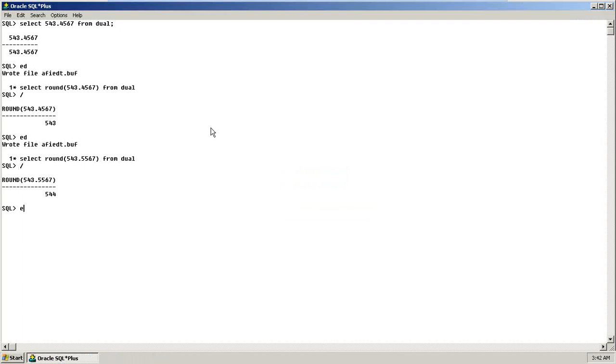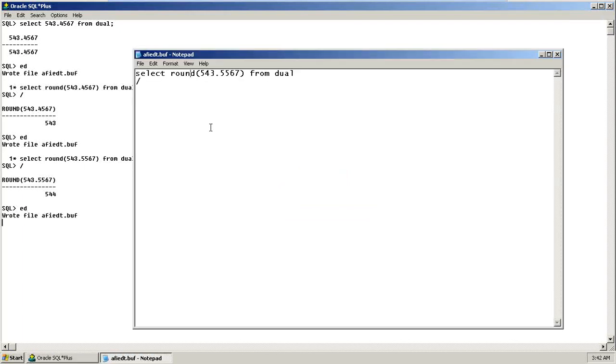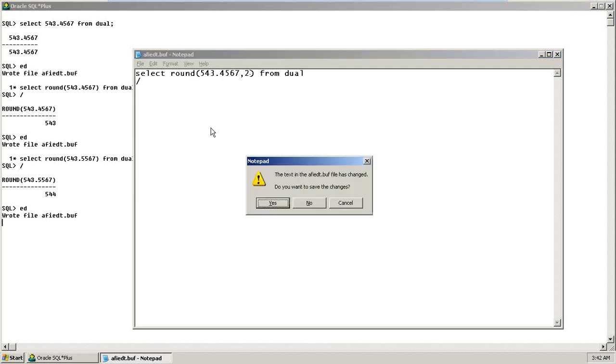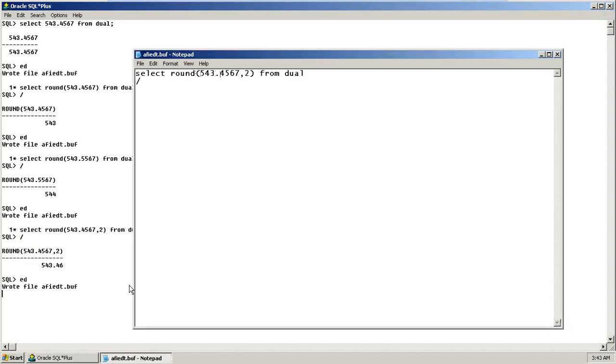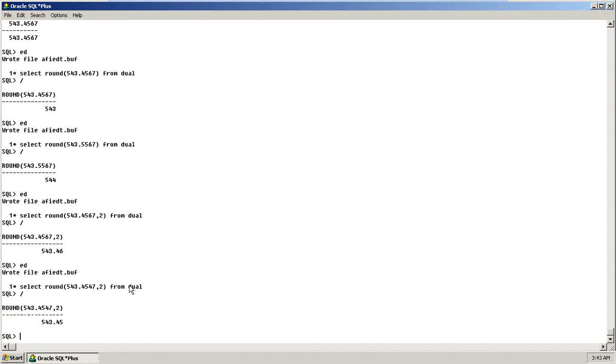If you want to round your number to decimal values, suppose I want to round my number to 2 decimal digits, 543 dot, and after the dot 2 decimal digits. See, 46, actually 45 is there. Why is it going to 46? Here 67 is there, which is more than 50%. If you have 47, it doesn't go to 46, it gives you 45 only.